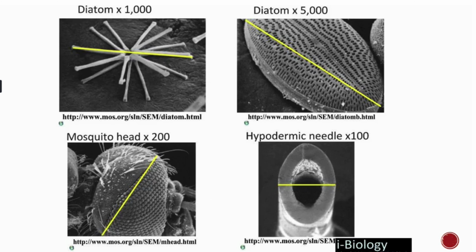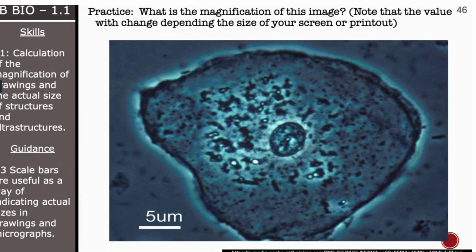Look at this, how we measure pictures without any scale bar. Okay, practice. What is the magnification of this image? How am I going to do this? We take the scale bar, take our ruler, and measure the scale bar.